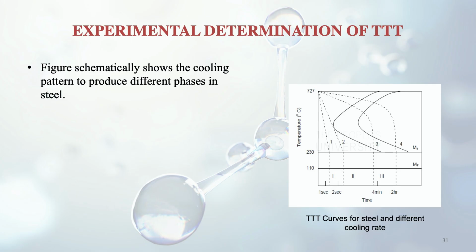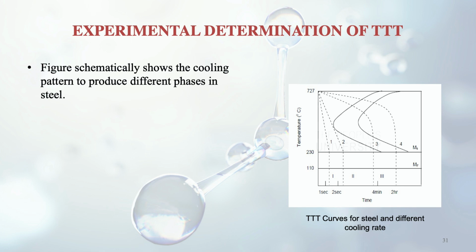So this figure, if you can see, schematically shows the cooling pattern to produce different phases in steel. It is the TTT curve for steel with different cooling rates. The cooling rates, if you can see in the figure, are given by the dotted lines.